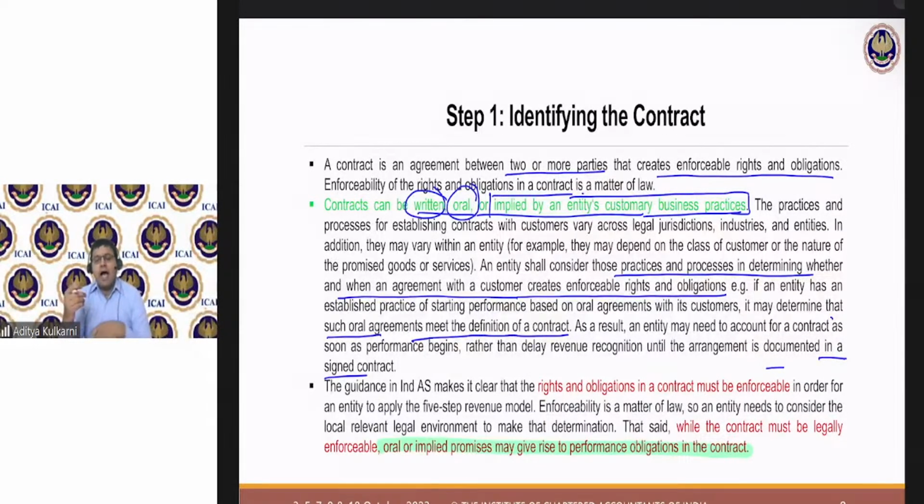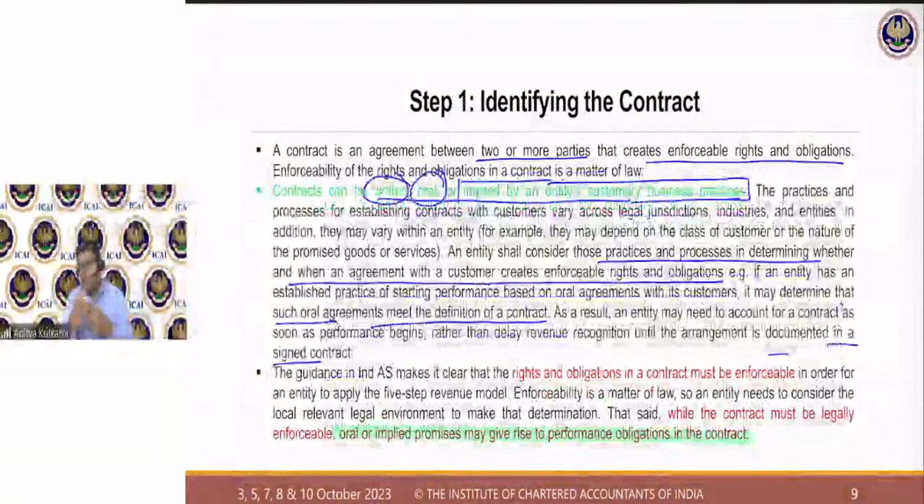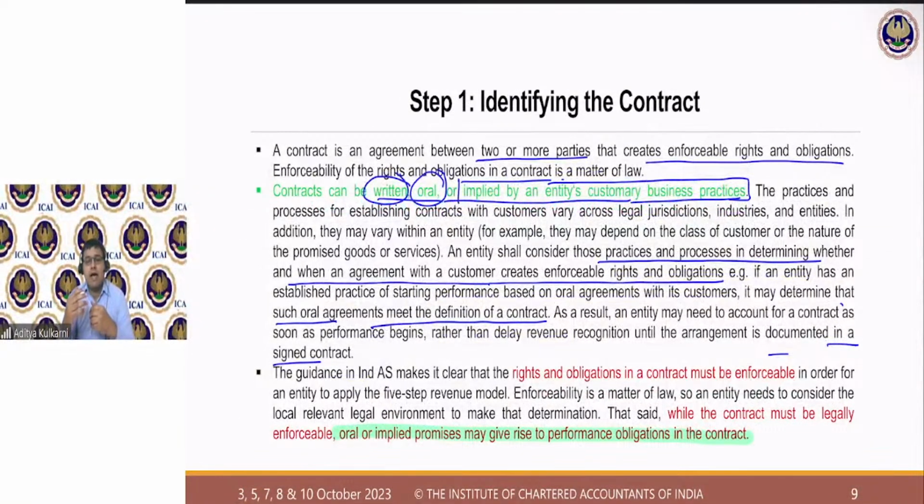Now this activity that you do of giving a warranty, though not specified in the contract, gives rise to what we call a constructive obligation. That means my customers are now expecting that if we buy from this showroom, then we are going to get the warranty. So they will buy from this store only. Now, as the seller, you have no option other than to provide the warranty service, because otherwise it will be detrimental to your business.